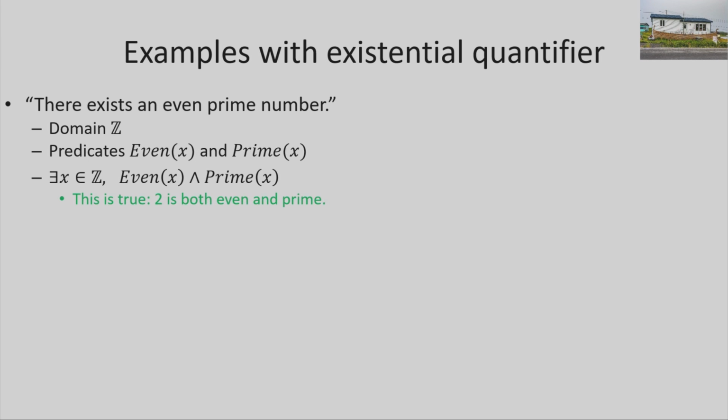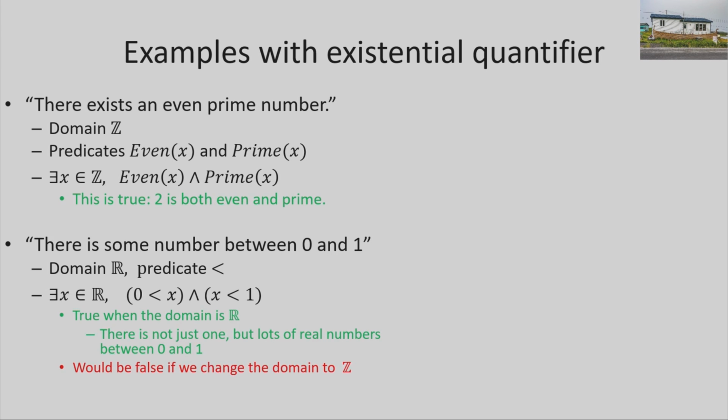Again, notice that once we have our predicates, we could treat them sort of the same way as we treated propositions. There are some things that are true or false, and we could use and, or, not, and so on to connect them. So this particular sentence is true because there is the number 2, which is our witness, which is both even and prime.